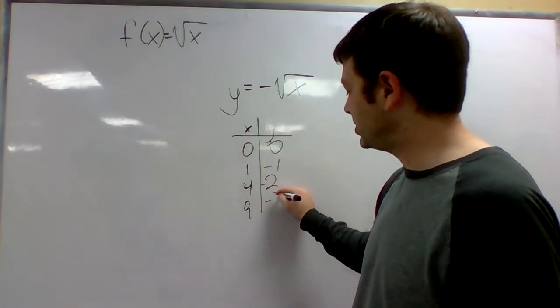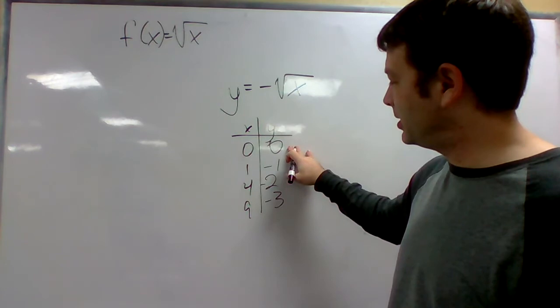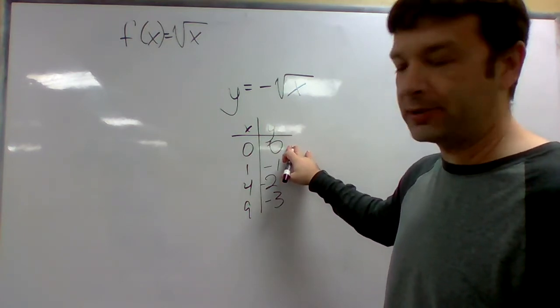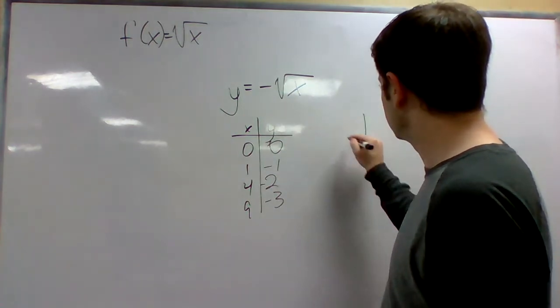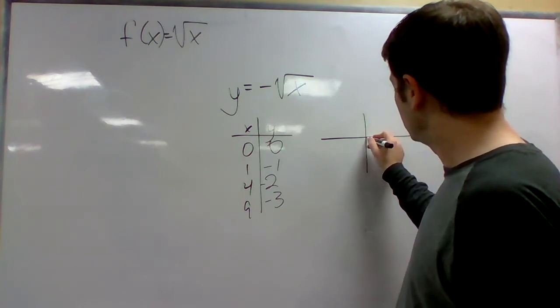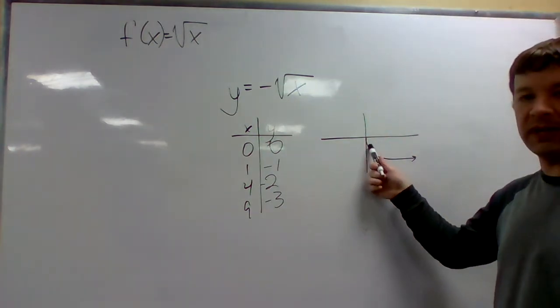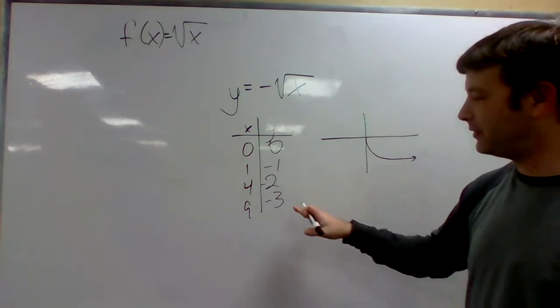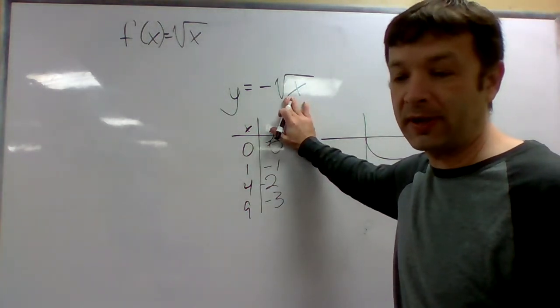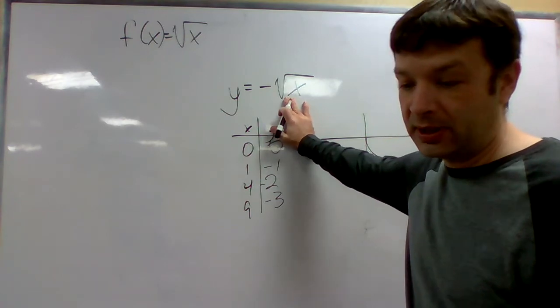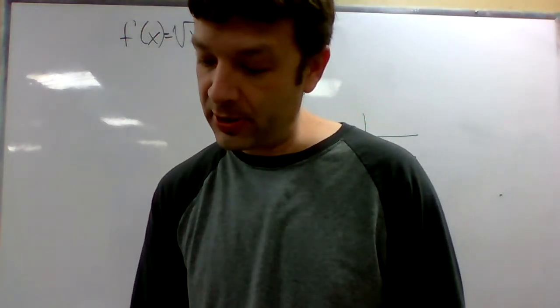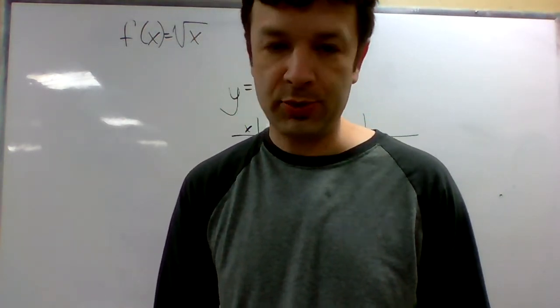And this would be negative 3. So what I'm getting is all negative values on the y. It's kind of an upside down version of what it was. So the negative out in front just flips the graph upside down. So that would be E for number 21.